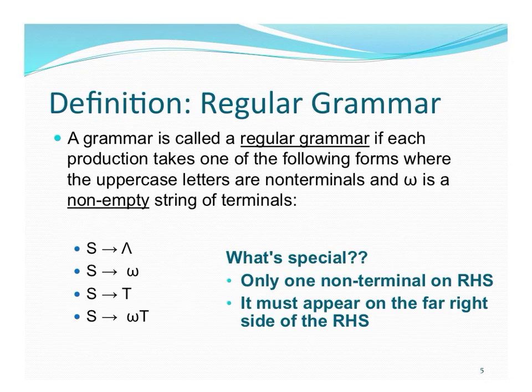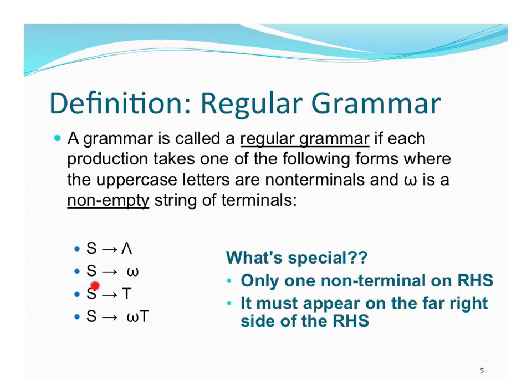So here is the formal definition of a regular grammar. We say that a grammar is regular if all of our production rules look something like this, where the capital letters are non-terminals and this omega is some non-empty string of terminals. So we can have a non-terminal going to lambda.